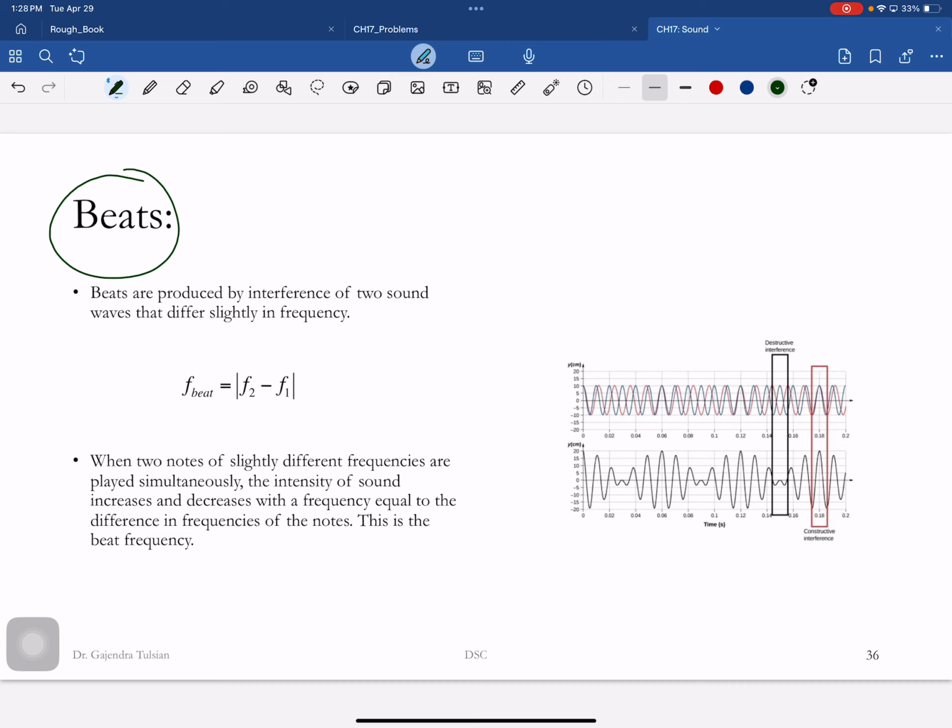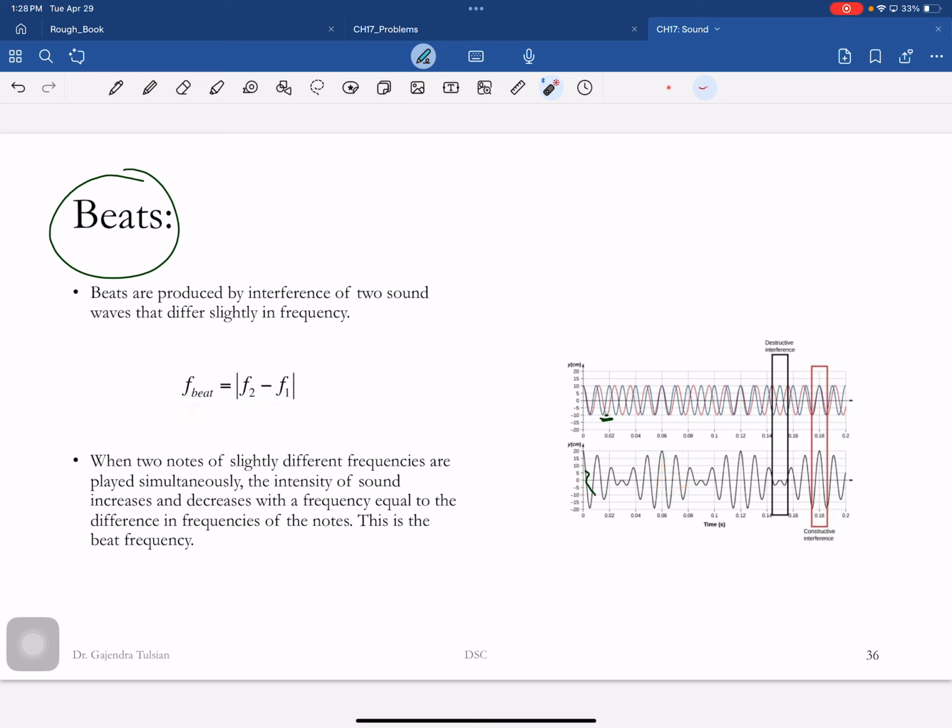Beats: when you play two sounds of slightly different frequencies, what you hear is a sound whose intensity is rising and decreasing, with a frequency equal to the difference in frequency.